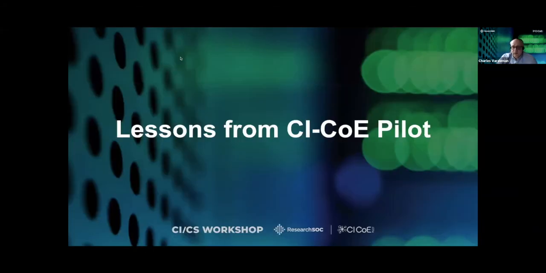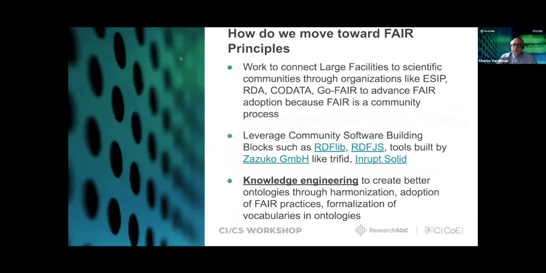Okay, last slide is just some thoughts on the things that we've been doing in the Cyber Infrastructure Center of Excellence in terms of some of our engagements and some of the things I think we've taken away from that, right? I view large facilities in cyber infrastructure as a crucial component to FAIR becoming more widely adopted.